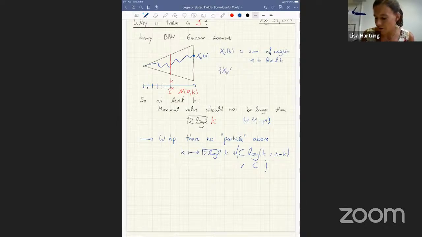Now I can somehow view this collection. For one v, I can really look at this collection X_v of k for k in 1 to n. This is really a path, or a random walk with Gaussian increments.